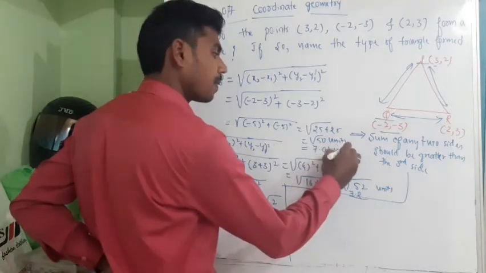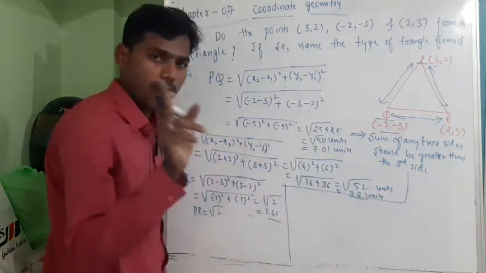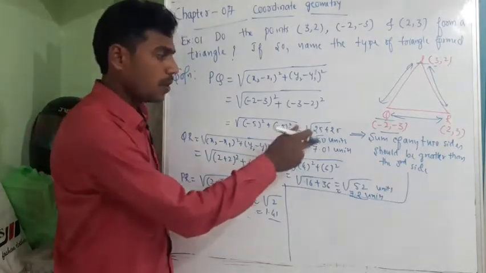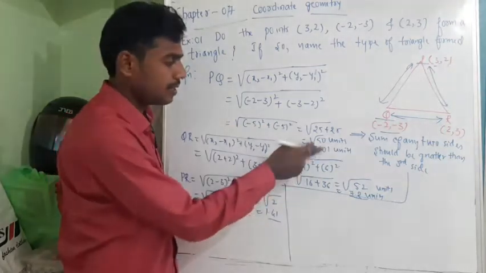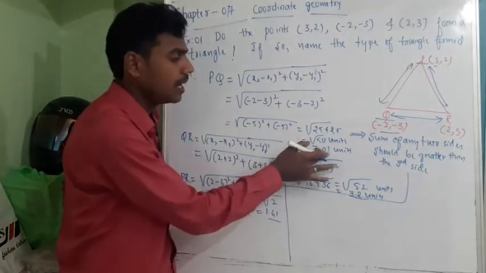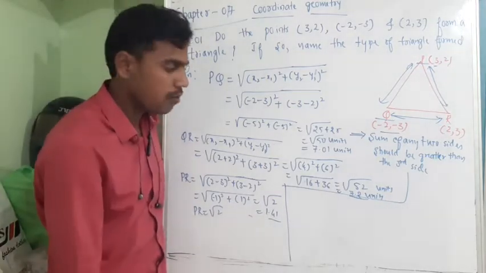Okay, so how did I approximate? See, the square root of 49 is 7. So 50 is 1 ahead of it. That is the reason it will be nearly equal to 7.01. And root 52 would be nearly equal to 7.2.